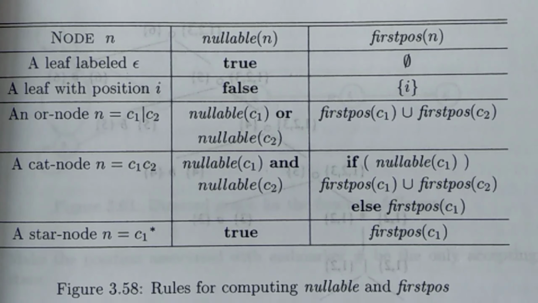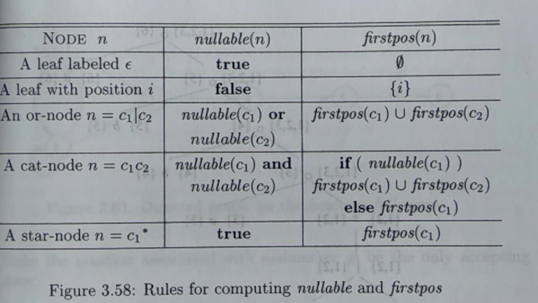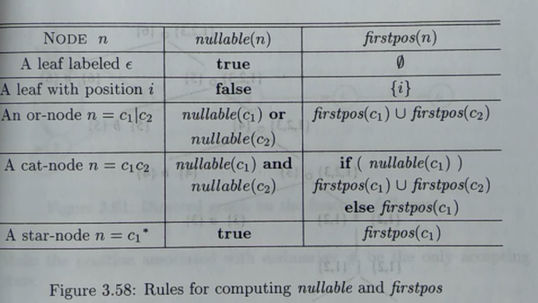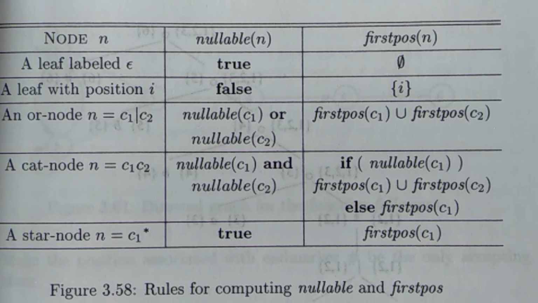The rules for last position are essentially the same as for first position, but the children C1 and C2 must be swapped in the rule for a cat node.